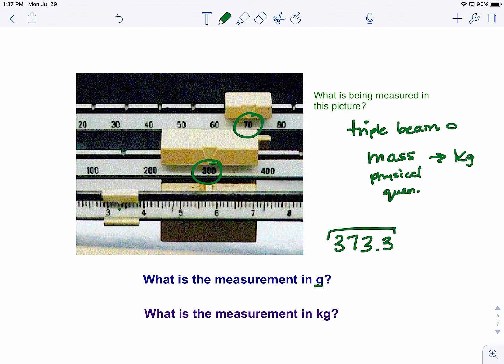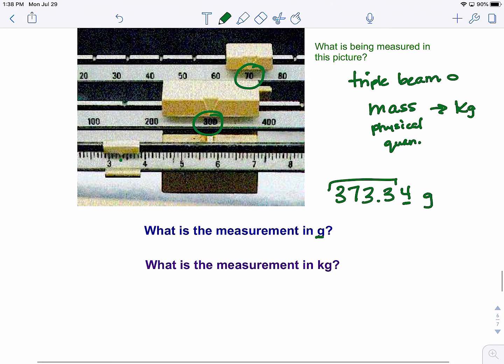Those are our digits we know with certainty. So 373.3, let's go 4. That would be our uncertain digit. And again, it's in the hundredths place. So our answer here is 373.34 grams. That's the mass of this object in grams.